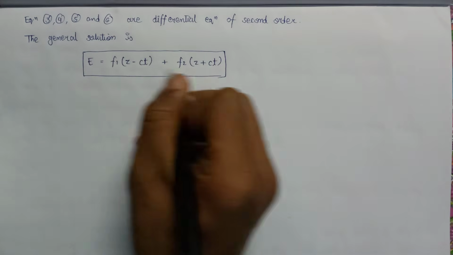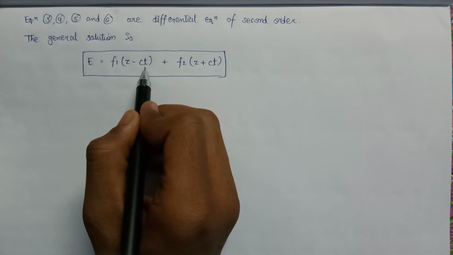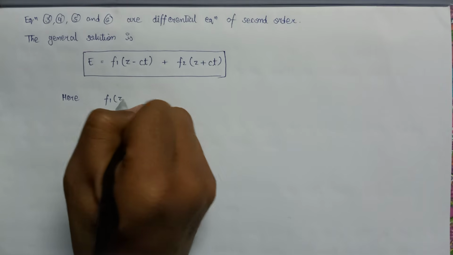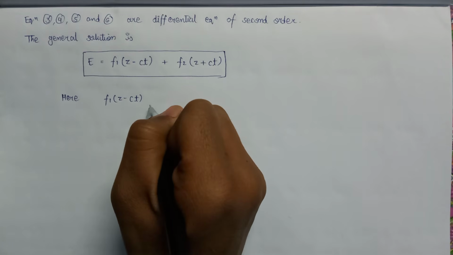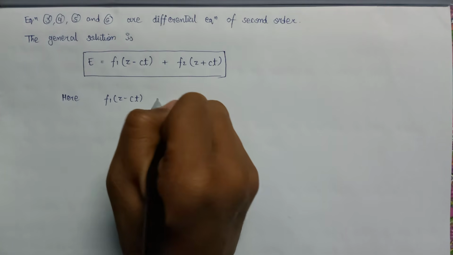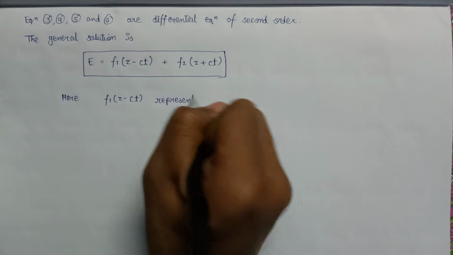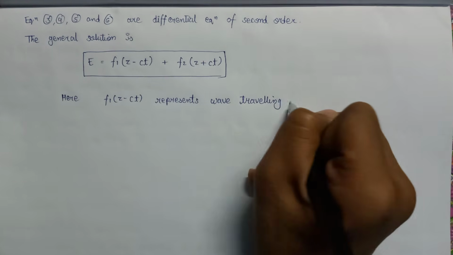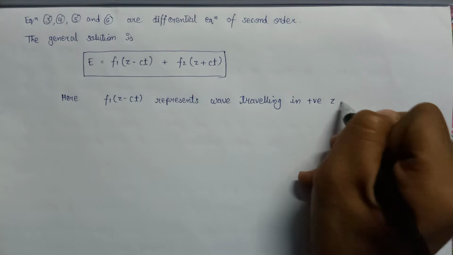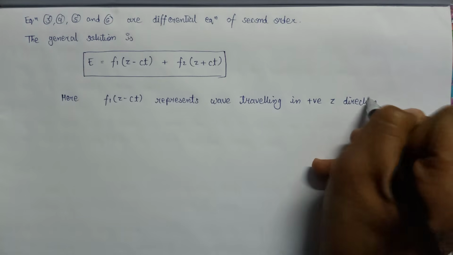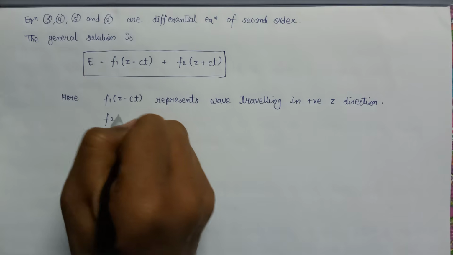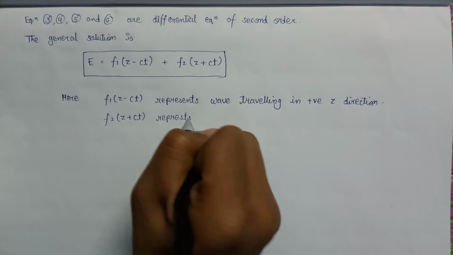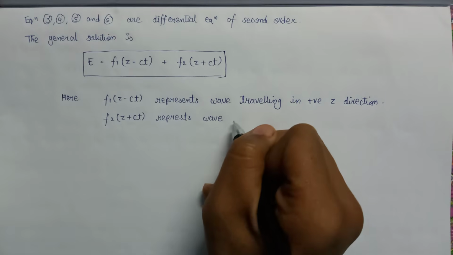Here F1 and F2 are functions of z minus ct and z plus ct, and here F1 of (z minus ct) represents the wave traveling in positive z direction, and this F2 of (z plus ct) represents the wave traveling in negative z direction.